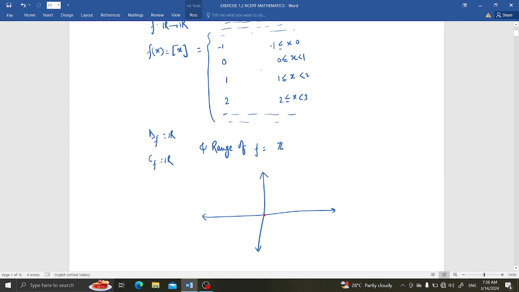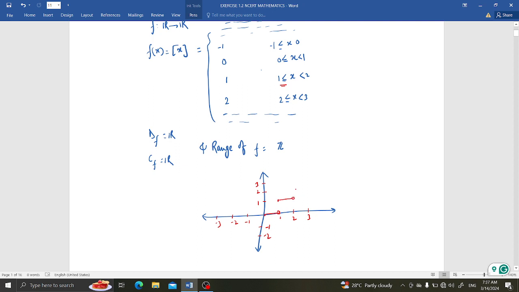The graph can be drawn with 0, 1, 2, 3, -1, -2, -3 marked on the axes. Between 0 and 1, this one will come. But at 1 there is a hollow point, because at 1 we have the value 1, and up to here we get the same value.